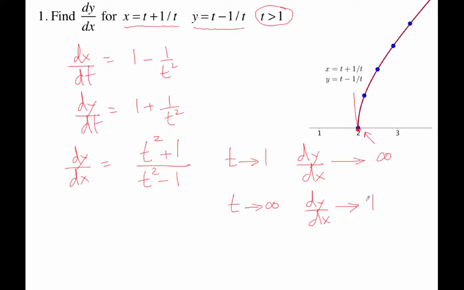So y tends to x. That's telling us that the slope at infinity gets closer and closer to 1. So the slope becomes closer and closer to 1 as t becomes larger and larger.